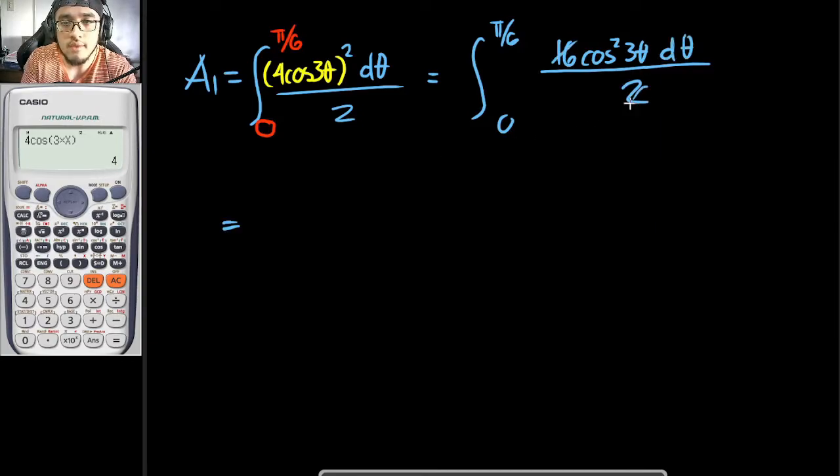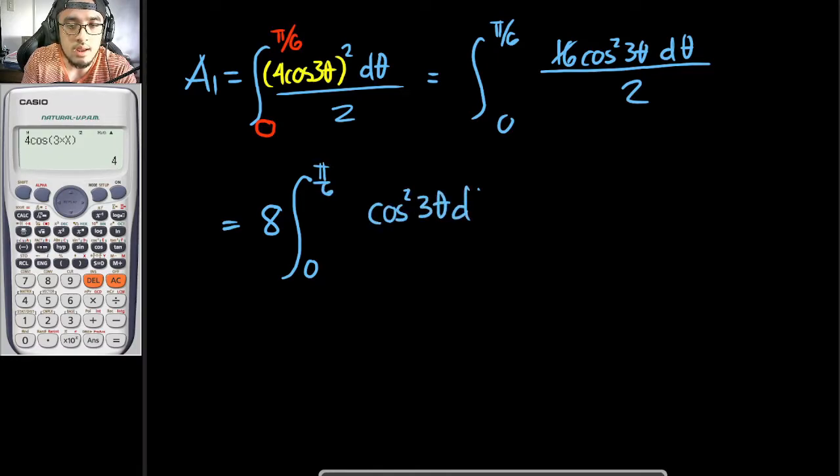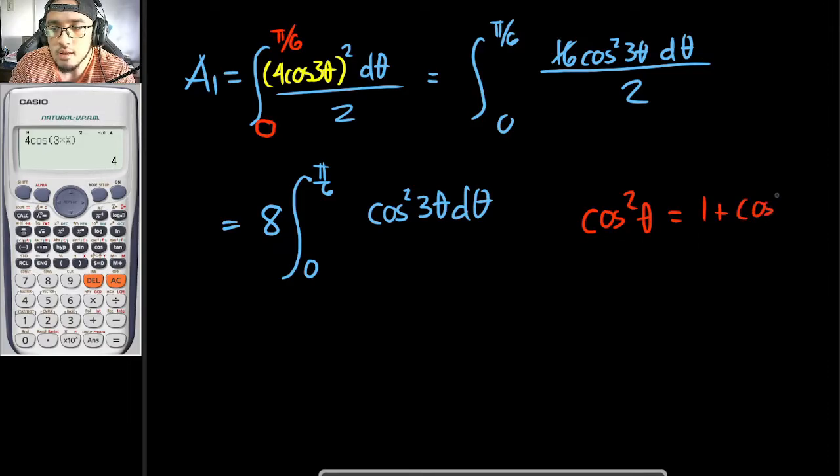So 16 divided by 2 is equal to 8 times the integral of, of course, 0 to pi over 6 cosine squared 3 theta d theta. And take note guys that cosine squared theta is equal to 1 plus cosine 2 theta over 2. So this is a trigonometric identity of this function right here.